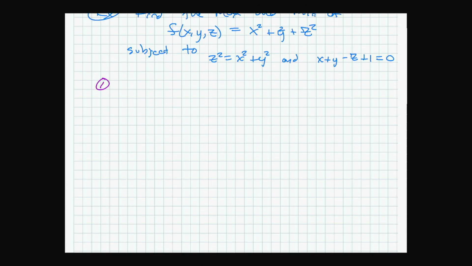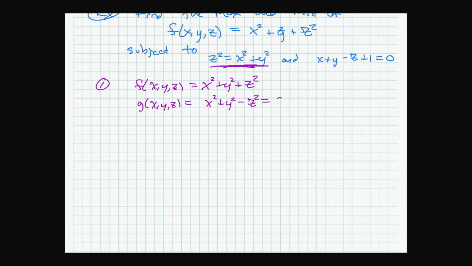So we have our function, f of x, y, z, x squared plus y squared plus z squared. Your first constraint is right here, but it's not written in the correct form. It should be g of x, y, z equals 0, so you have to move the z over to the right. So we'll go x squared plus y squared minus z squared equals 0.